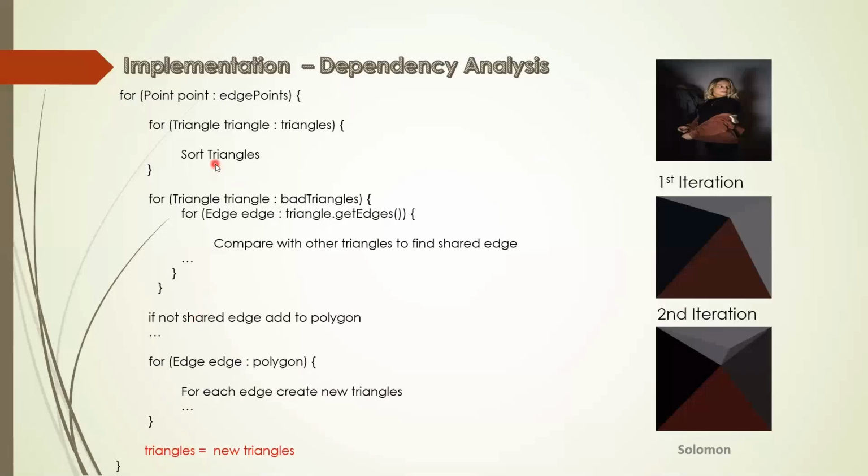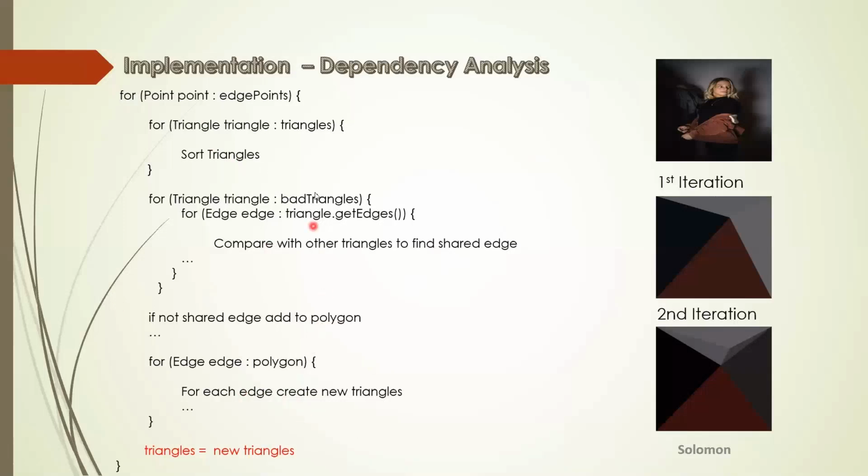We iterate over the edge points, and we sort the different triangles into good and bad triangles. And then we compare with the other bad triangles to find shared edges and remove the shared edges to create the edges of the polygon. And we join it to the point to create new triangles. And this whole process repeats.